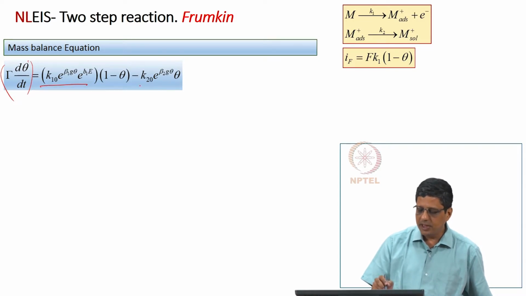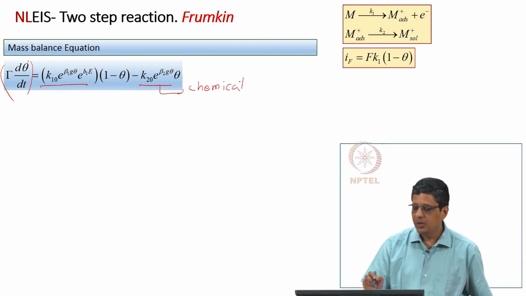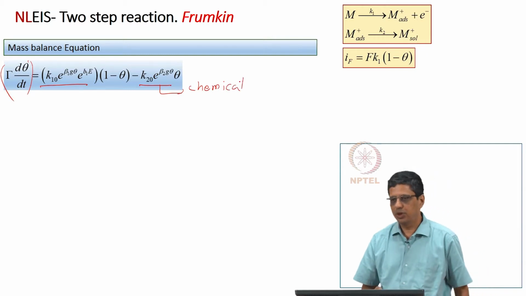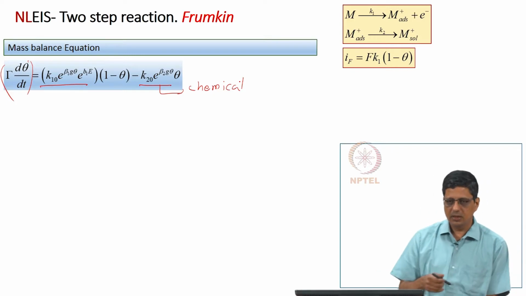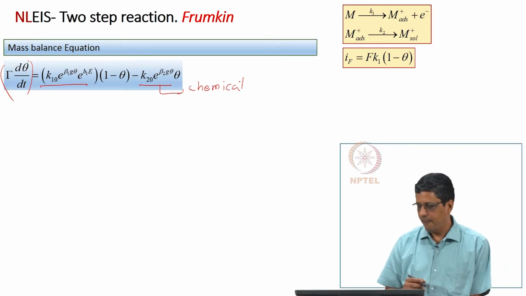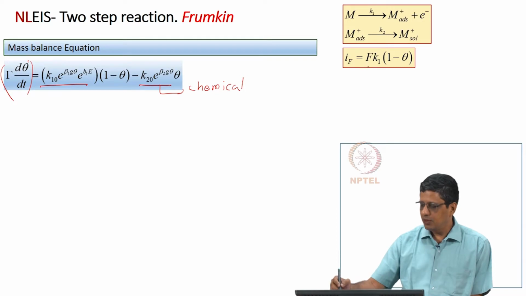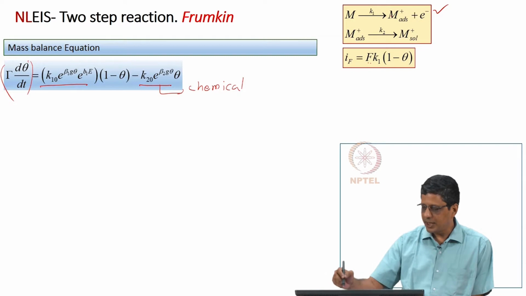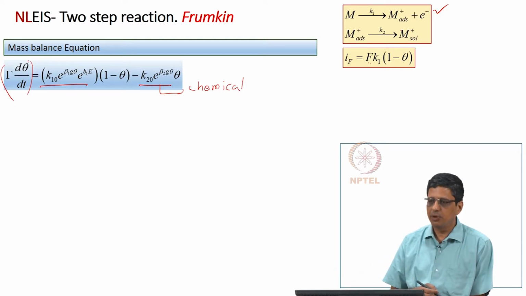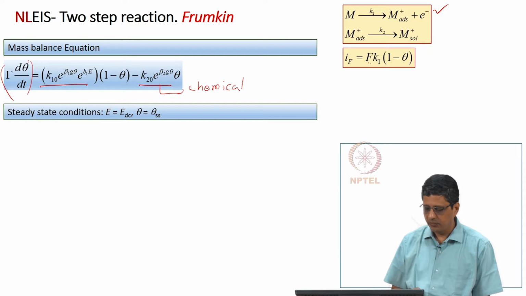Instead of k1, we expand this and write it as k1 0 exponential beta 1 g theta exponential b1 E. The second reaction is a chemical reaction, therefore, it is independent of potential, but it is dependent on theta anyway. And the current is of course given by the first step, Faraday constant times k1 (1 minus theta); the second step does not contribute to the current, therefore, it is not shown here.